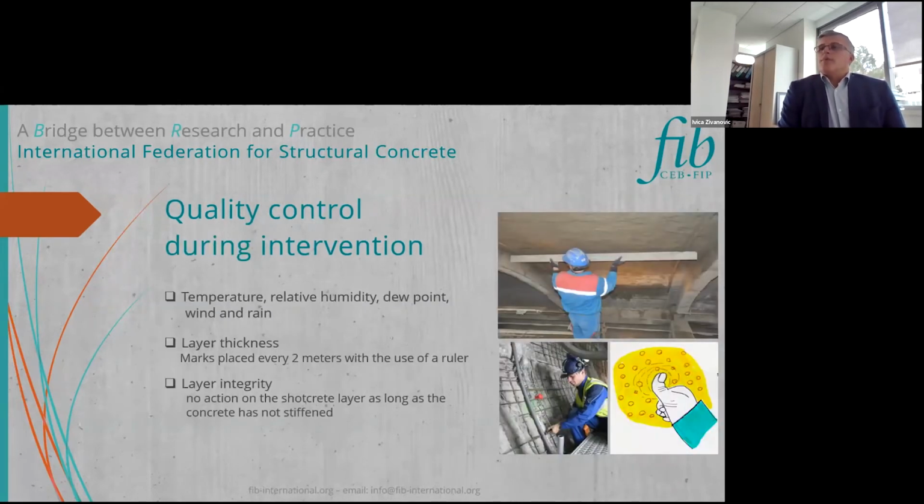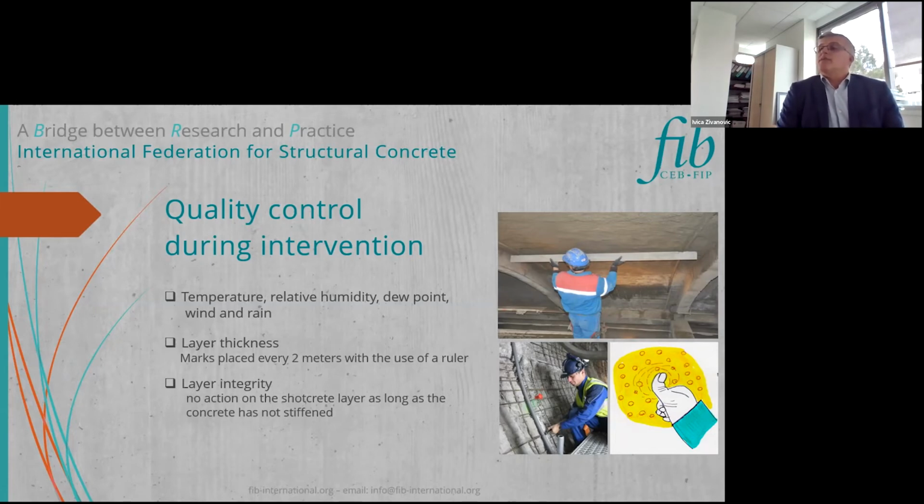So the checking points are related to temperature, the condition of humidity, the dew points, the wind and rain. The layer thickness needs to be taken into account and checked, with marks placed every 2 meters, for example, with the user ruler or something able to easily control what is applied under progress.